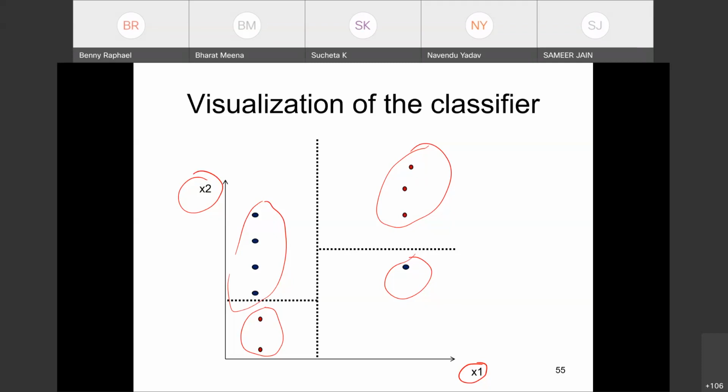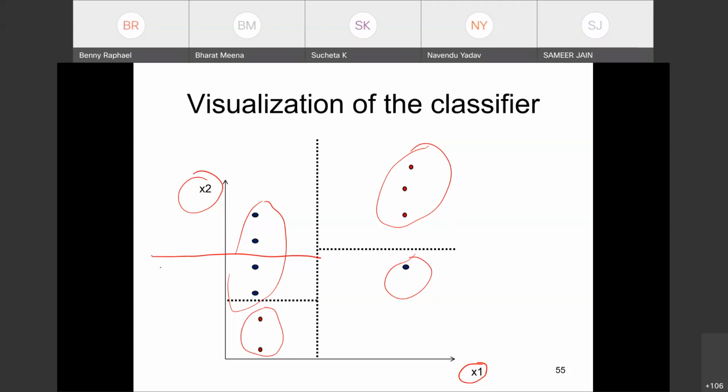Now, if it is a continuous variable, I didn't explain how the algorithm works, but basically we use some heuristic procedure to find the best way to separate it. For x2, maybe you start with the midpoint of the values and see the homogeneity of the two subsets.